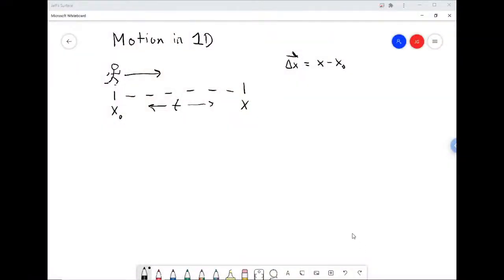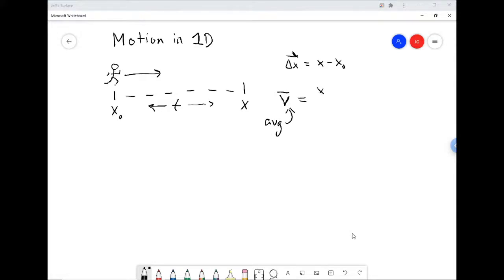Okay, so we already said, if you know how far something travels in a given interval of time, you can calculate, and so here, this is average velocity.